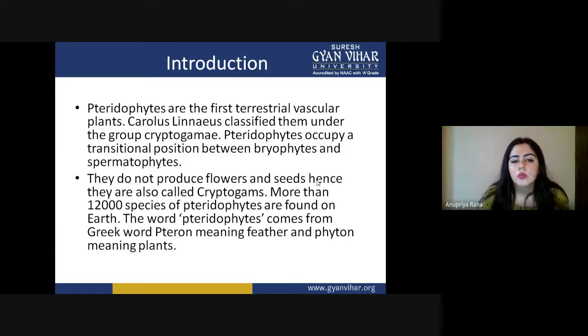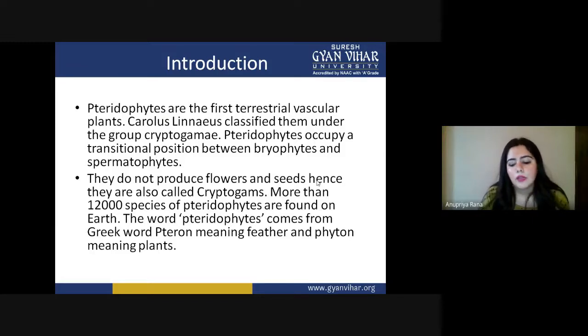So this term cryptogam, why are we calling them cryptogams? Because this Greek word has a meaning. In Greek, it means secret marriage, in the sense of plant reproduction, that their reproduction cannot be seen like we can see it in angiosperms in the form of flowers.